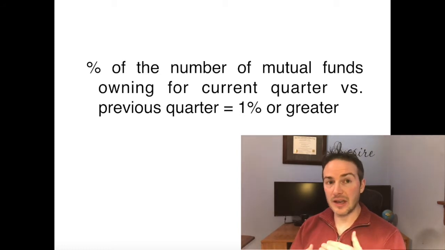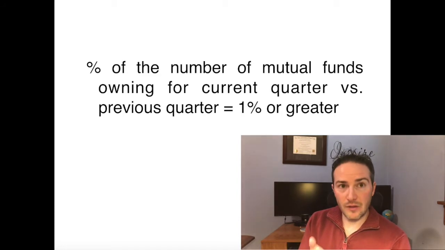So we want to see increasing fund ownership quarter after quarter, and the reason it's quarter over quarter versus month over month is that's when you tend to see greater changes, and it's reported more frequently and accurately quarter over quarter. So that's why we're looking at quarter over quarter versus month to month changes.